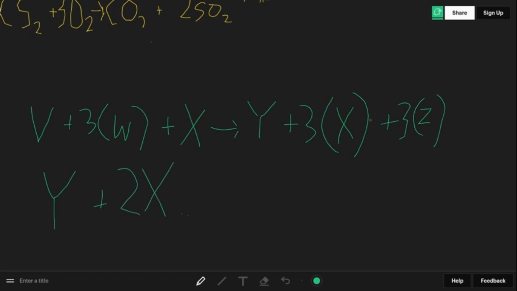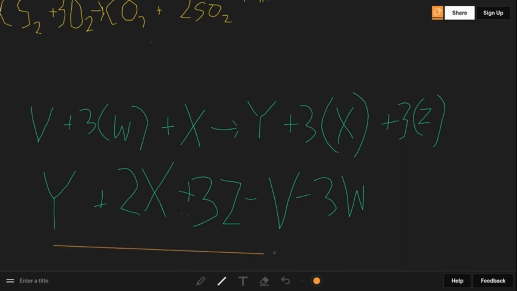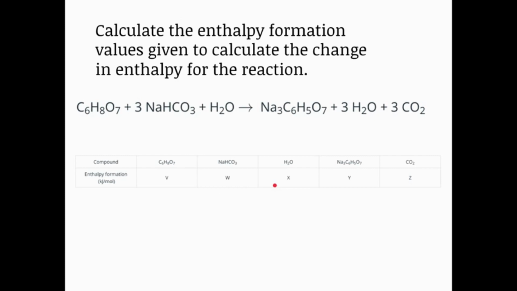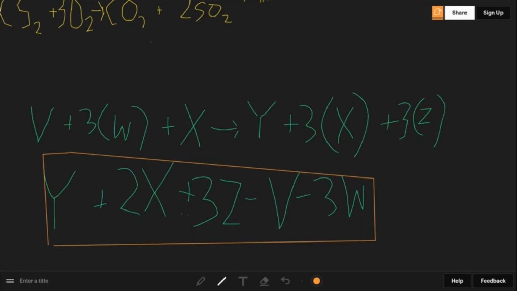Then we'll get 3Z, because we have 3Z right here. Then we have minus V, because there's nothing to cancel out of V. And then it'll be minus 3W. And so this will be our final answer. And that's it for chapter 6.